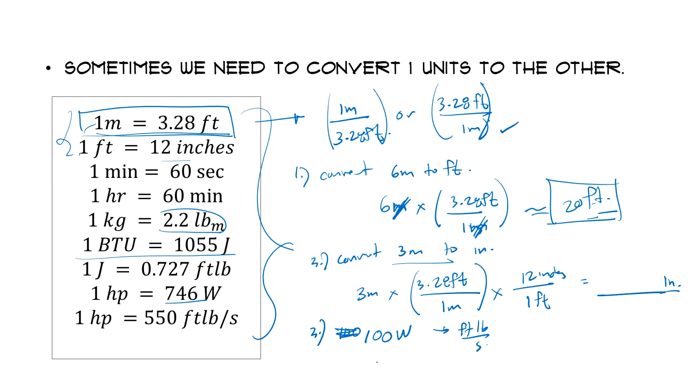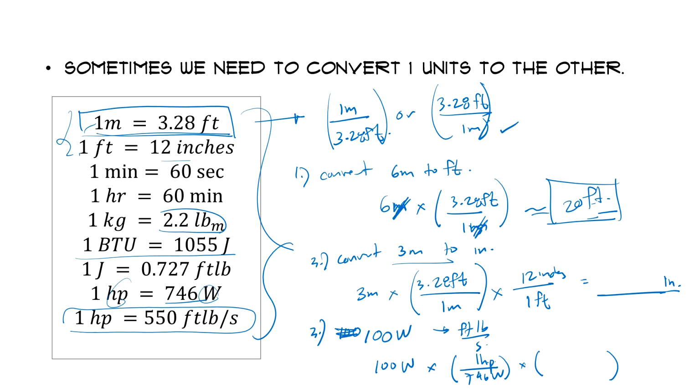First, let's write the given, 100 watts, times the conversion. What we know is watts to HP: 746 watts is equal to 1 HP, times the conversion of HP to foot-pound per second.